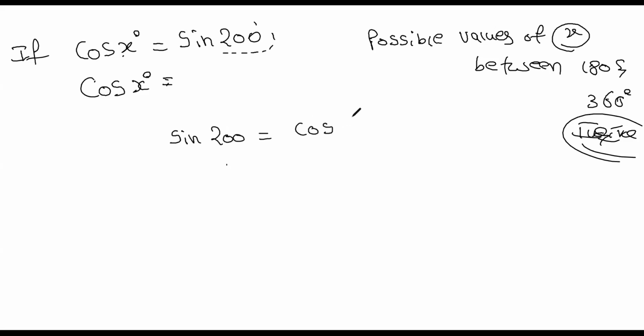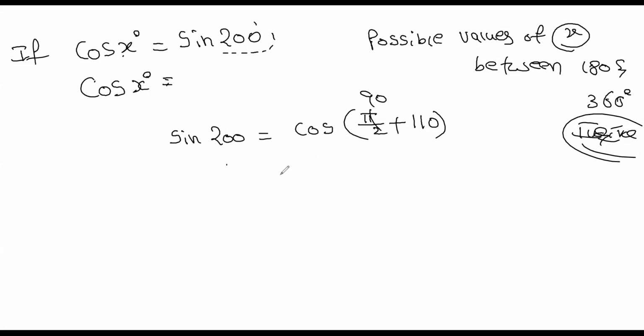It can be written as cos of pi by 2 plus 110, that is, 90 plus 110. This is one possibility. The second possibility, we can write sine 200 as it is, but we need it in terms of cos.